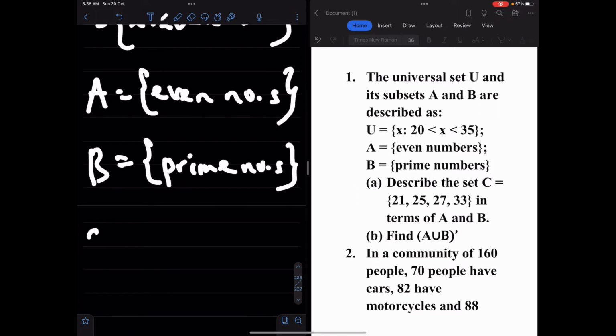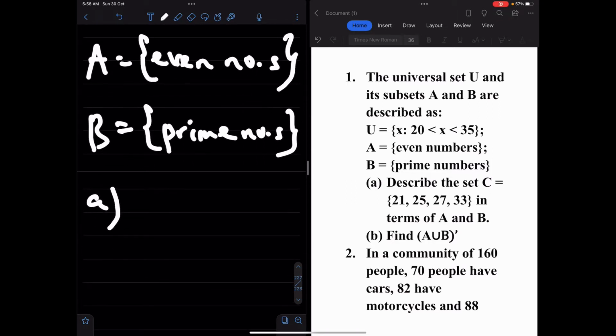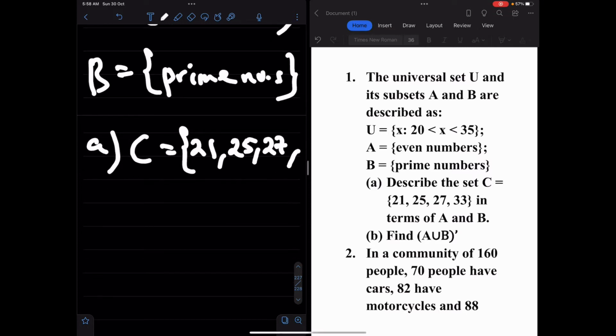Now question A says describe the set C whose elements are 21, 25, 27 and 33 in terms of A and B.